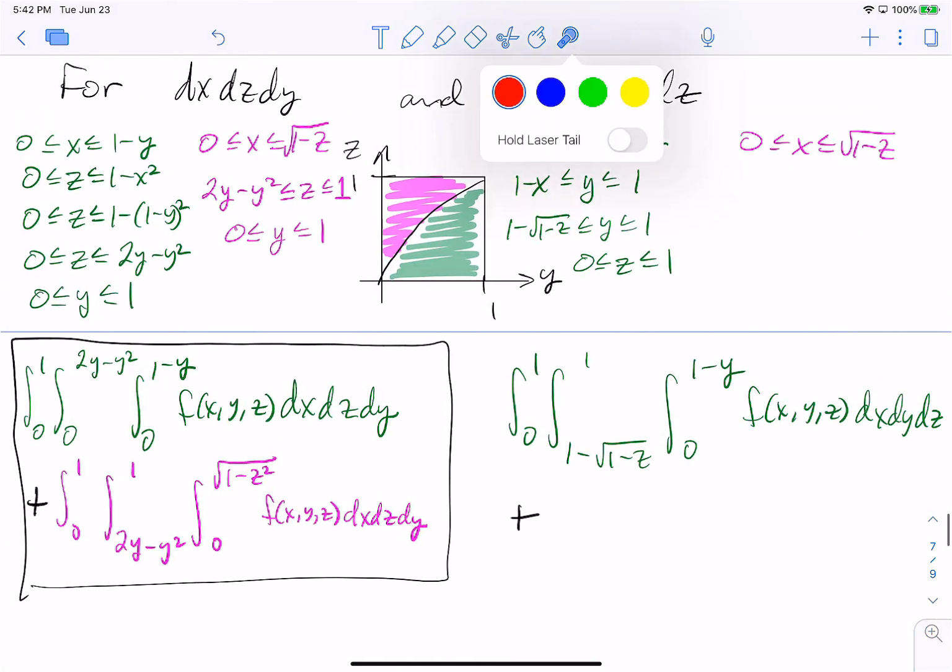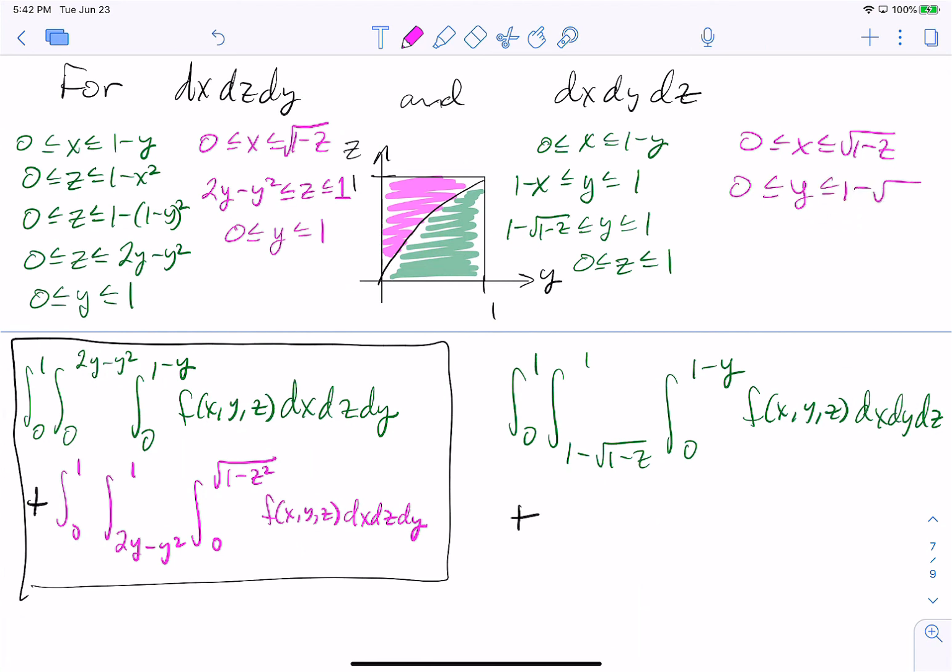Now, for the pink portion, for dx, dy, dz, we already have the limits on x. We need the limits on y. For the pink portion, y goes from 0 to the curve. That curve we've already dealt with. So we see that y goes from 0 to 1 minus the square root of 1 minus z. And then we can see that z goes from 0 to 1.